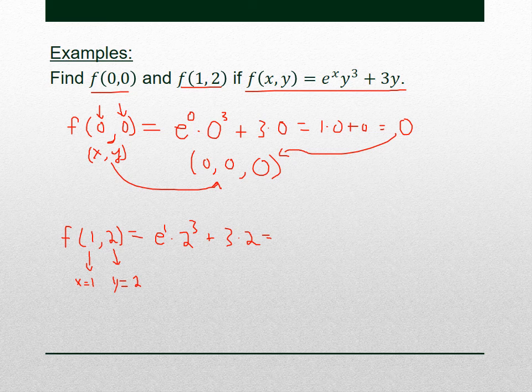So e to the x is e to the 1 times y cubed is 2 cubed plus 3y is 3 times 2. So what is that? Well, that's e times 2 cubed is 8, so that's 8e plus 3 times 2 is 6. Right, so there is the output, and if I wanted that as a point, I'd have to do x comma y comma whatever that output is.